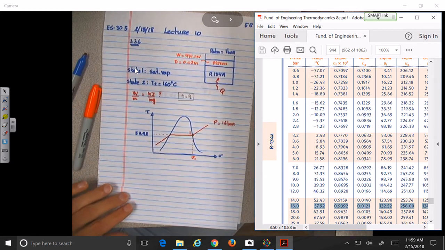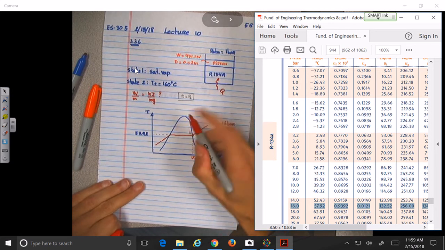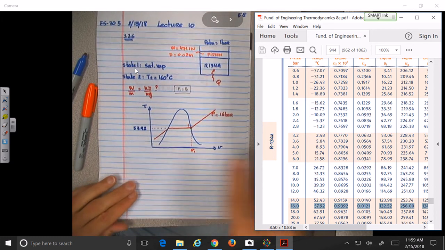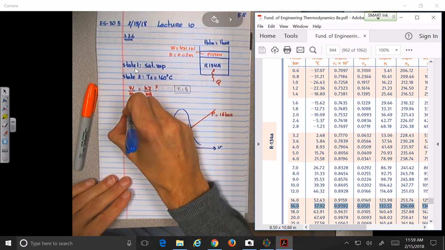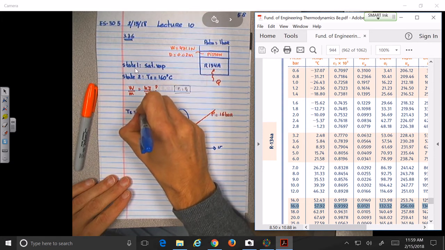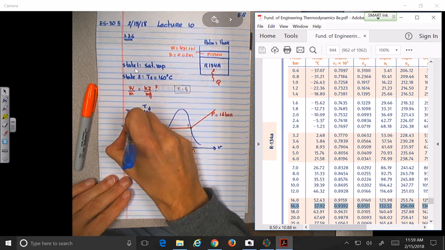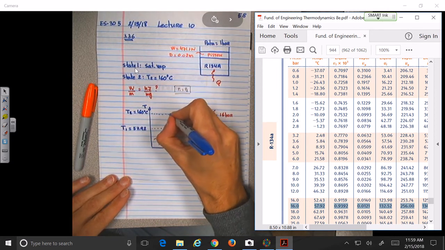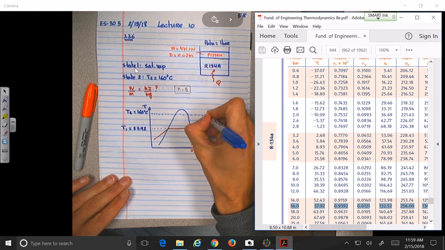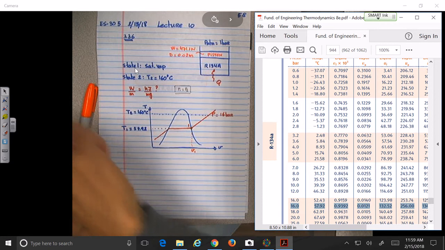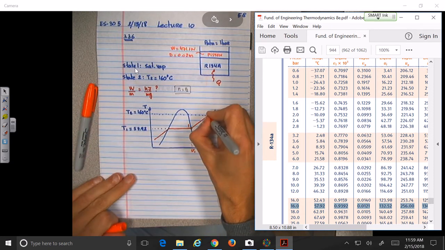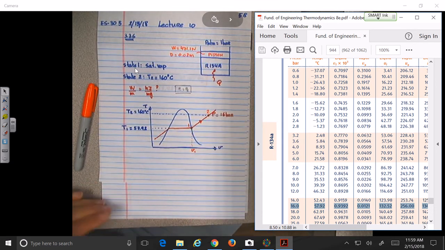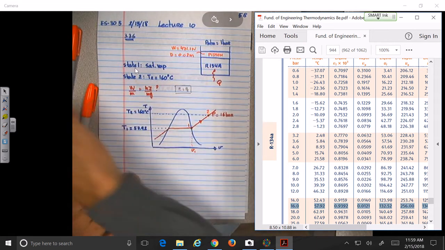Because now, what do we know about the temperature at state 2? Is 160, no? So from the figure, we know that state 2 will be along the line of constant pressure, no? So we'll be along this line. And where will be V2?